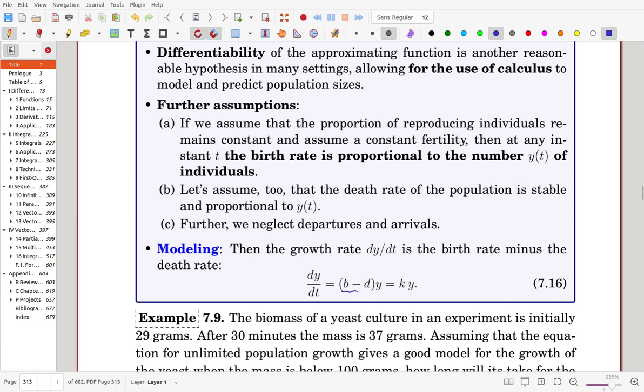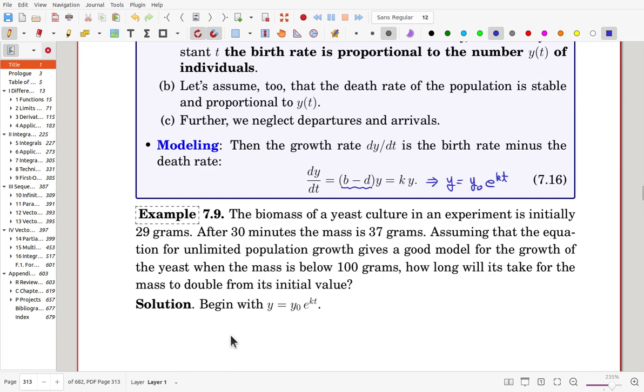We may call that k, so this population growth can be modeled by this simple equation. We already know that the solution is y0 e to the kt. Let's try to solve this example.